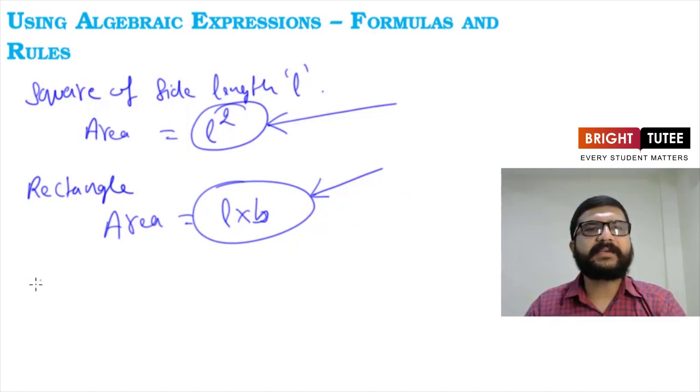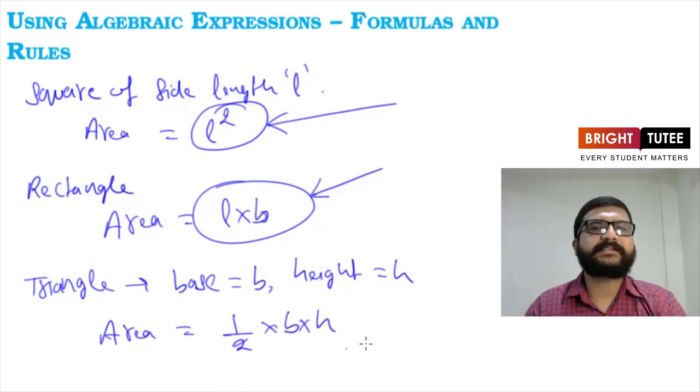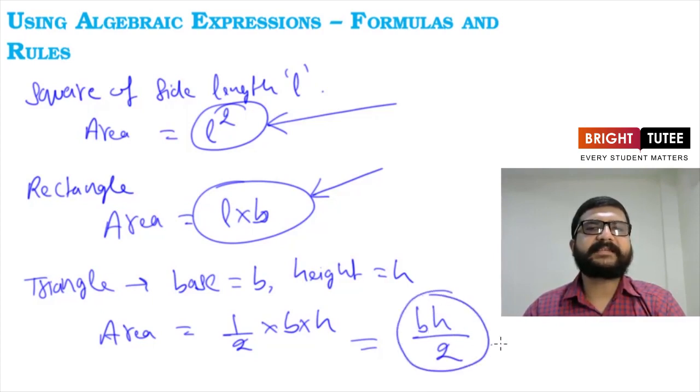Now suppose we have a triangle. Let's say the base of the triangle is B and the height is H. Its area is half into base into height, which we have already studied, and this is nothing but BH upon 2, where B is the base and H is the height.